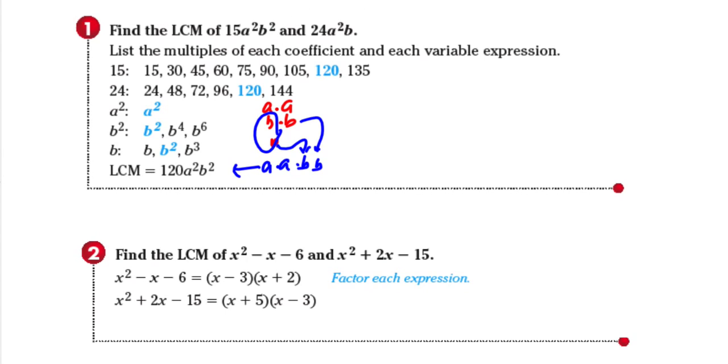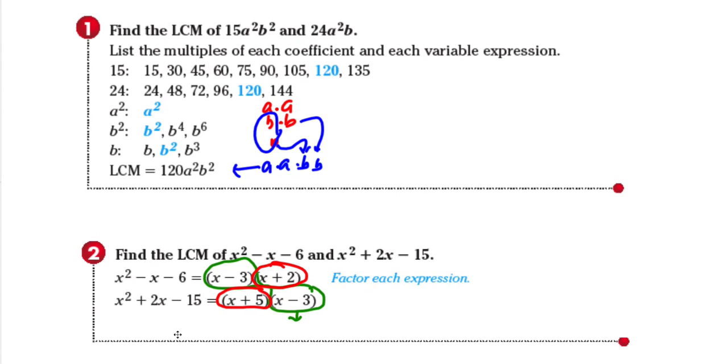Just like our LCMs, okay, we circle our common factors. So in this case, our common factor would be x minus 3. So we circle x minus 3, and then we bring it down once. Okay, we bring it down once, and then we circle x plus 5, which does not have a common factor, and bring that down once, and we circle x plus 2, does not have a common factor, and bring both of those down once.